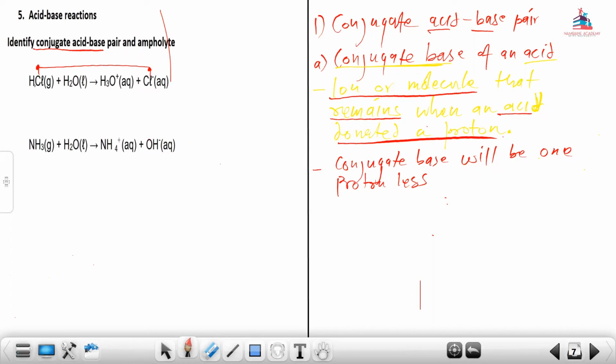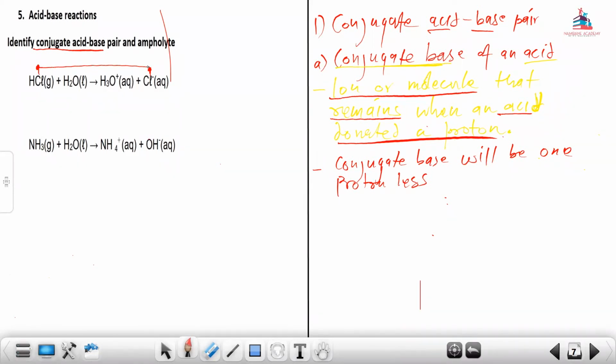Because if HCl donates a proton to H2O, it is producing H3O plus. Then immediately after, it's an ion or a molecule that remains when an acid has donated a proton. So if I donate a proton, I am left with Cl minus. So that Cl minus here must be my conjugate base.